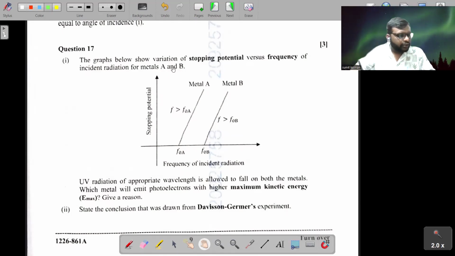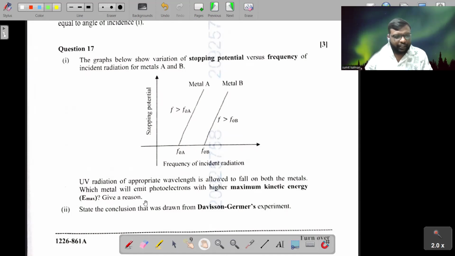So students, we'll proceed to the solution of this problem. Here, they are asking that UV radiation of appropriate wavelength is allowed to fall on both the metals. Which metal will emit photoelectrons with higher maximum kinetic energy?